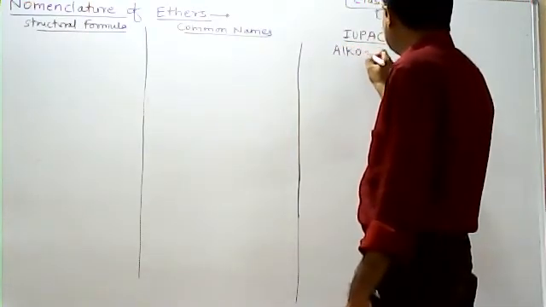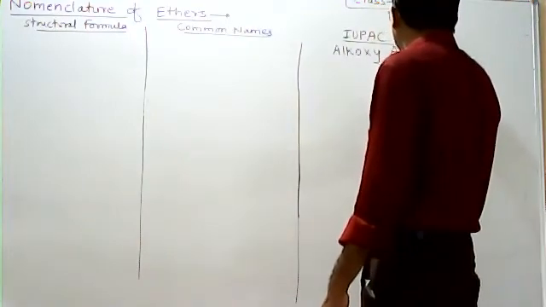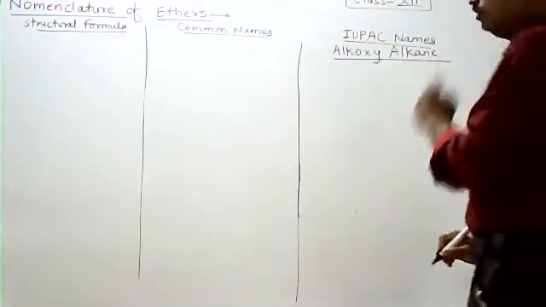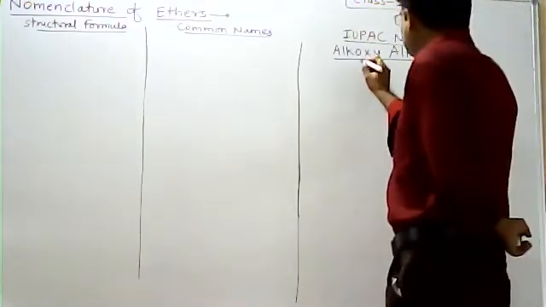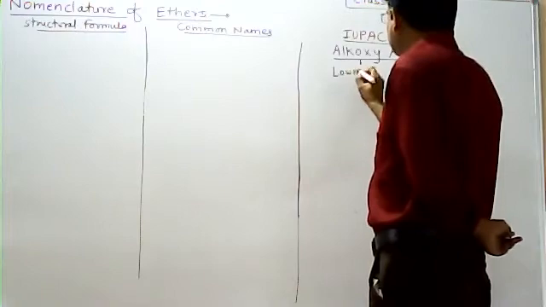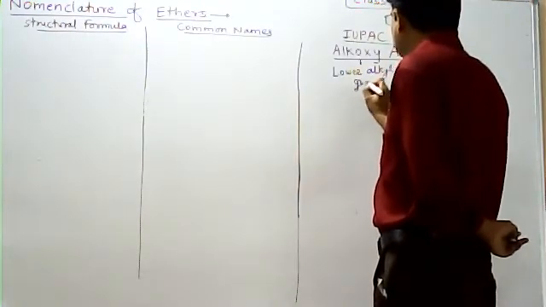Alkoxy alkane. Its name is alkoxy alkane. We give the name alkoxy alkane. What is meant by alkoxy? Alkoxy is the lower alkyl group. Oxygen is divalent, as you know.